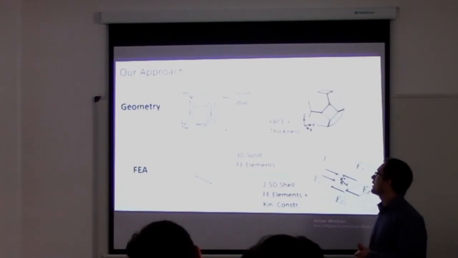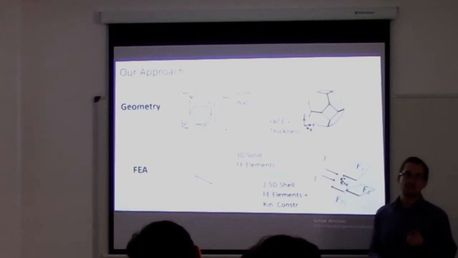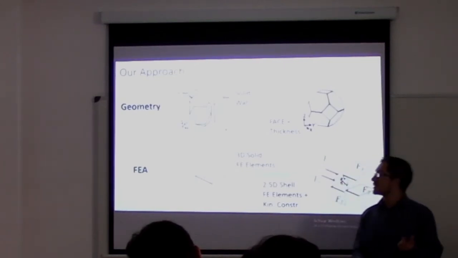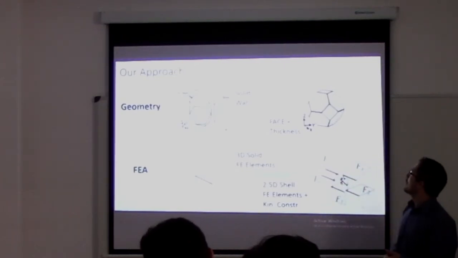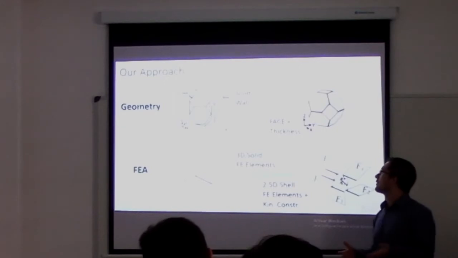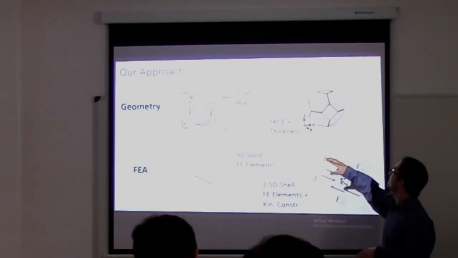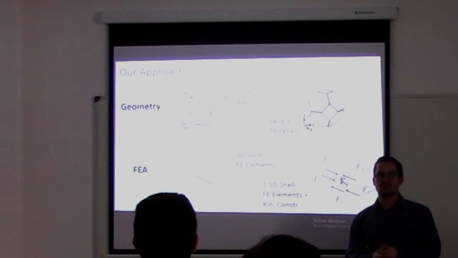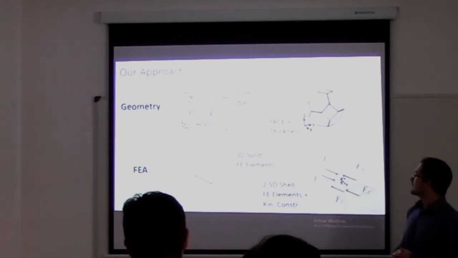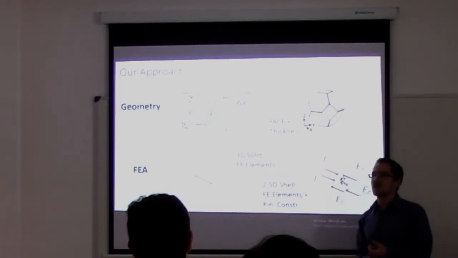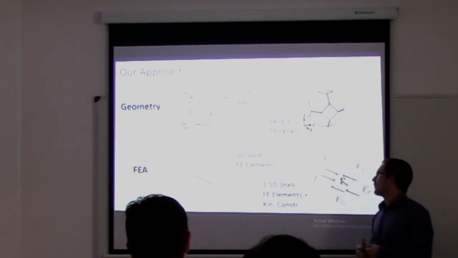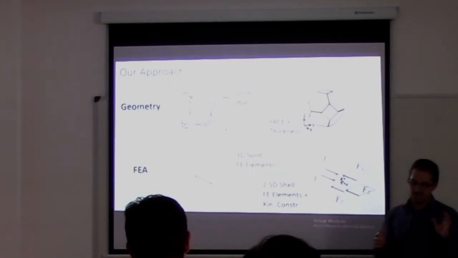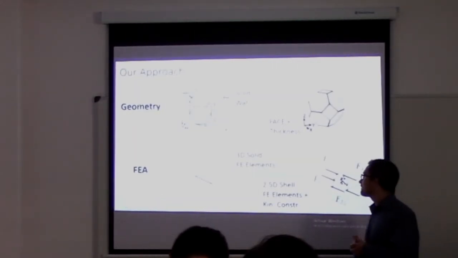So instead of having a Kelvin cell with those slender walls, we simply say that we have a set of faces, and each face has a thickness associated with it. But this is from a geometrical point of view. We also need to think about how we will simulate that domain.